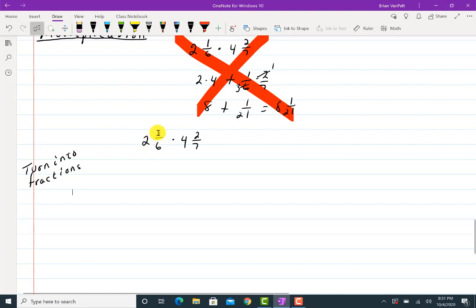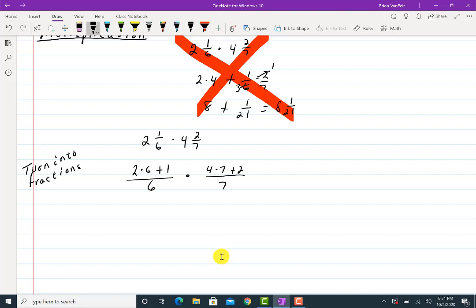And then I add it to 1. So let me write this, 2 times 6 plus 1 over 6. Same deal here, 4 times 7 plus 2. So getting a common denominator, it's done all in one step in this fashion.